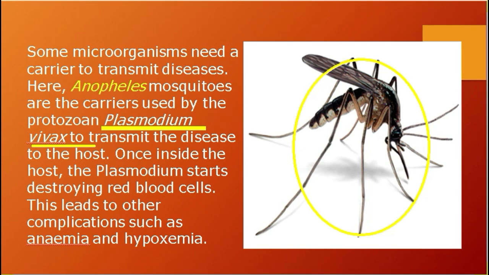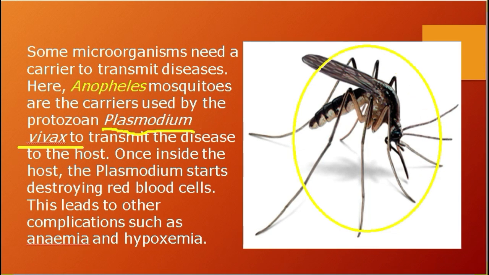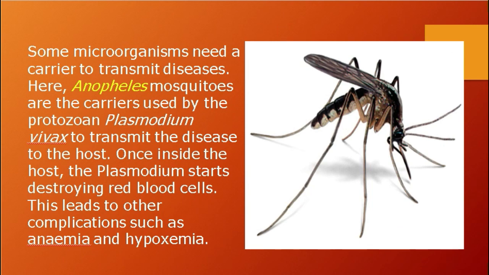This leads to complications such as anemia and hypoxemia. Students, hypoxemia basically is a condition when there isn't enough oxygen in the tissues to sustain bodily functions, and thus such kind of microorganism transmits diseases from an infected person to a healthy one. Now moving on towards the next slide.